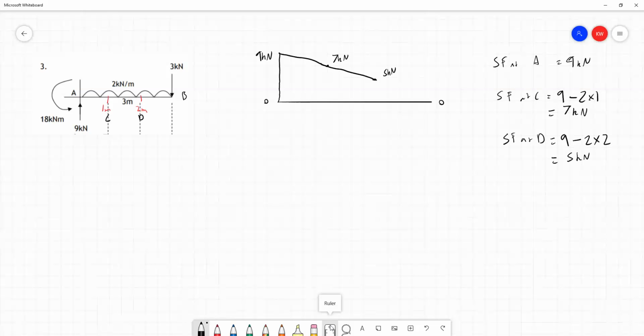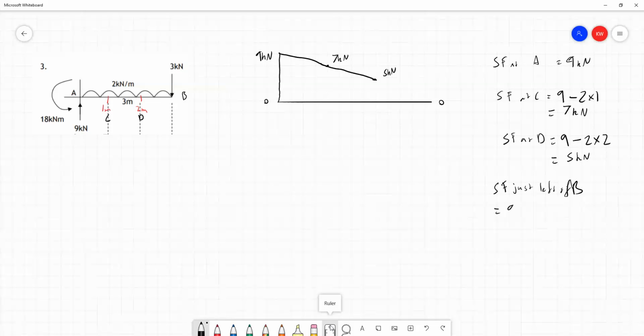Then at the far end of our beam, the shear force at B, because we've got a point force being added here, we know that there's going to be a shear force just before we arrive at the point, and then we take into account that 3 kilonewton force. So what we do is look at the shear force total just before we get to B. So we say shear force just left of B. So that's everything before we add that 3 kilonewton force.